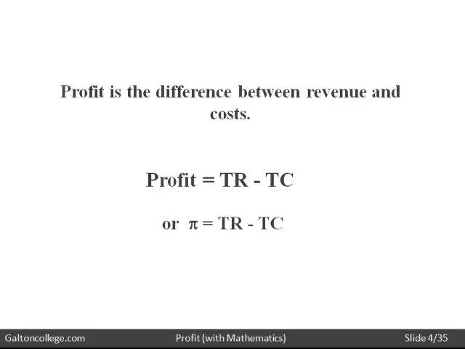Pi for profit. So don't confuse it with pi in mathematics, which is related to the circle and has a value of 3.14159265, etc. Pi here simply means profit. It's a shorthand way of writing profit. So profit is equal to total revenue minus total cost.